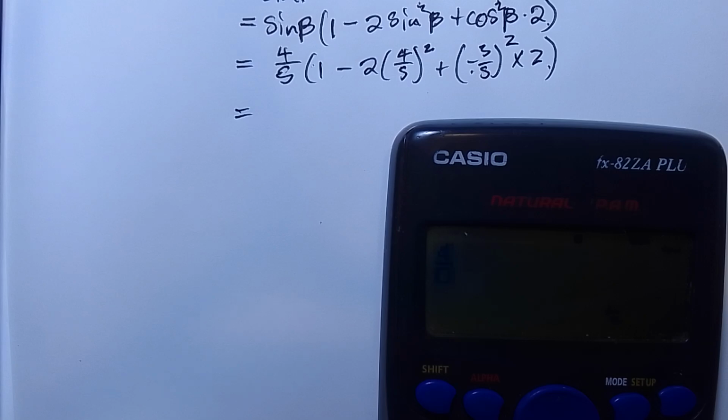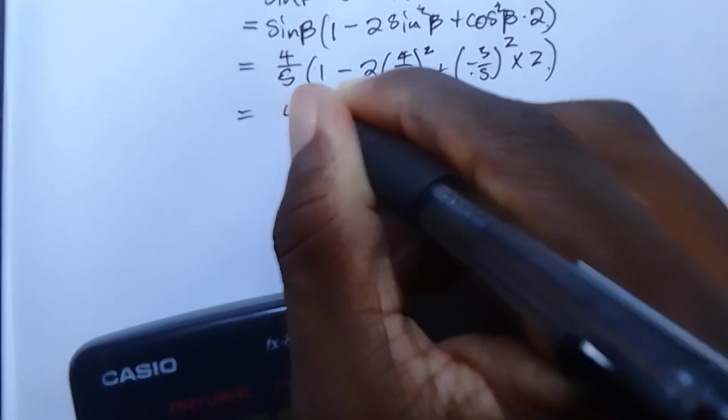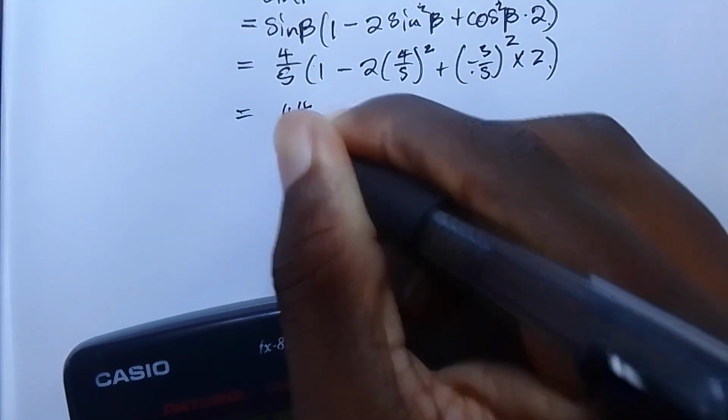We have 1 minus 2 into 4 over 5, all squared, plus minus 3 divided by 5 squared times 2. That's 44 divided by 125.